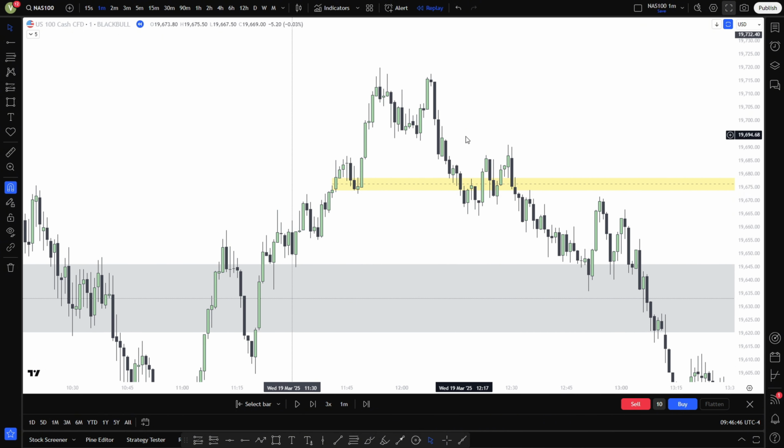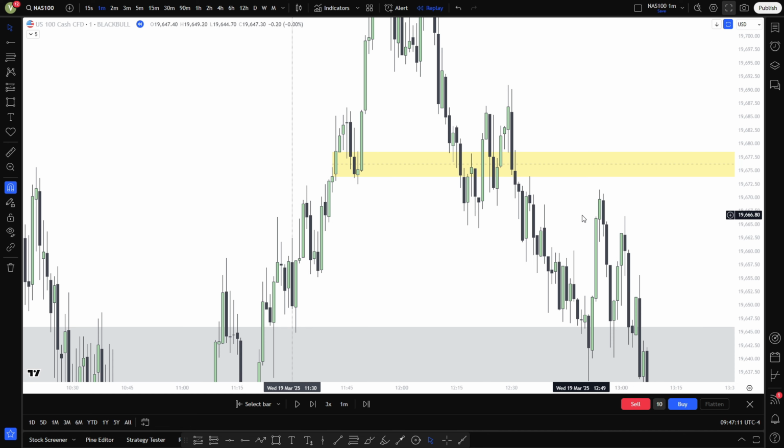And so using the first presented fair value gap after 11:30, we trade through it, back above it, below, above. No displacement so far. There was one here. It was a bullish one, but we never had another one.